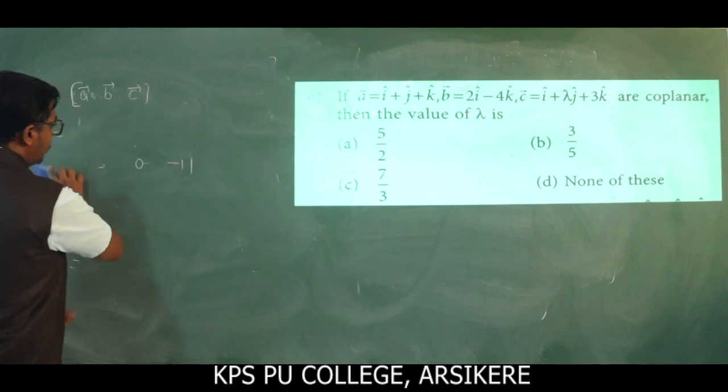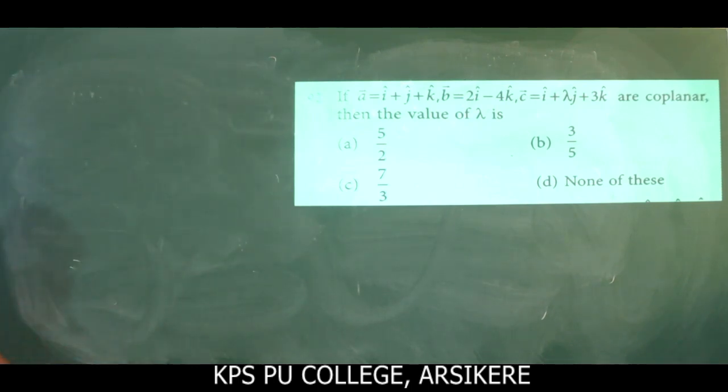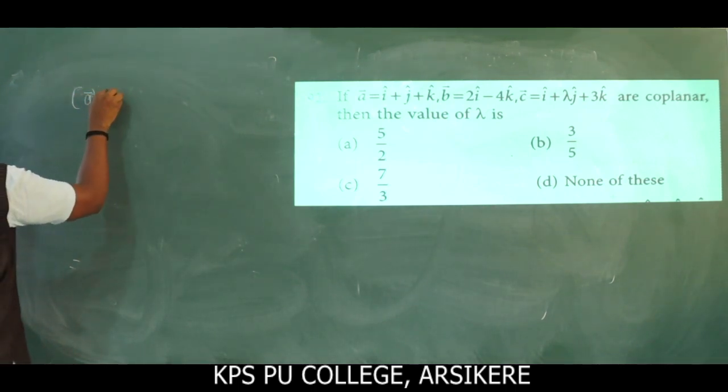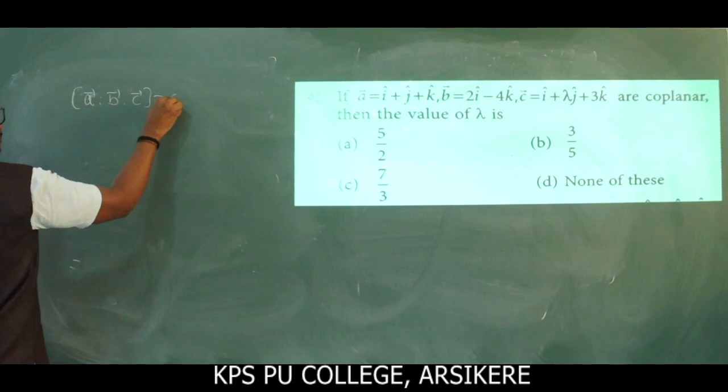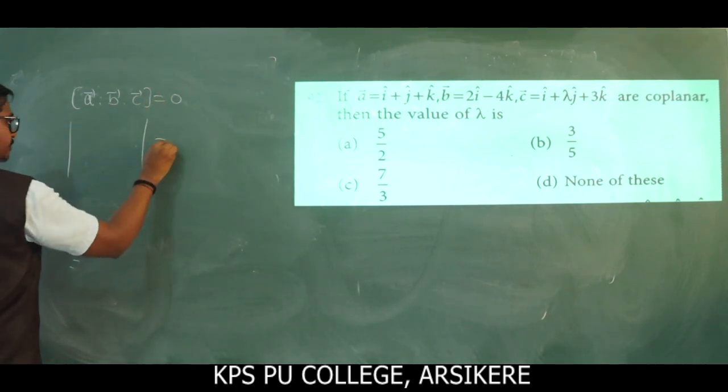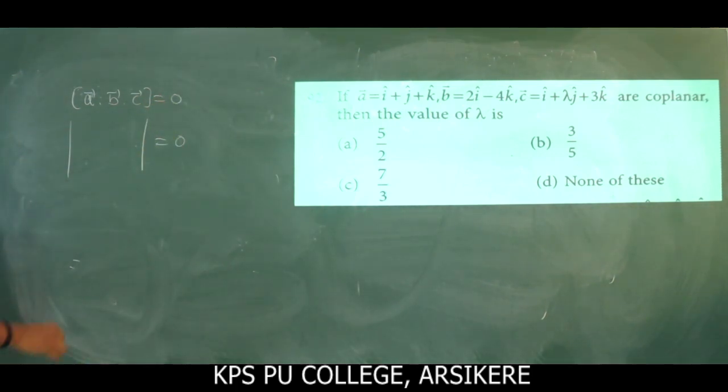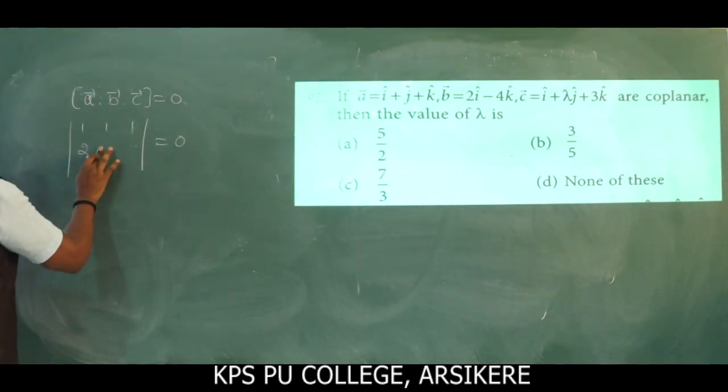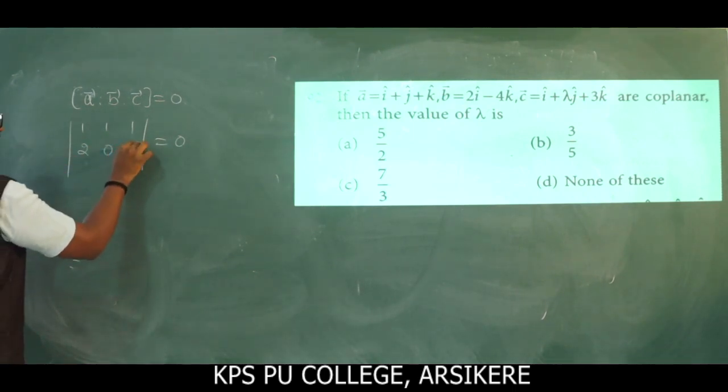When they are coplanar, we have the condition that the scalar triple product of the given vectors A, B, C becomes 0. Find the scalar triple product. First row: 1, 1, 1, the components of vector A. Second: 2, 0, minus 4.